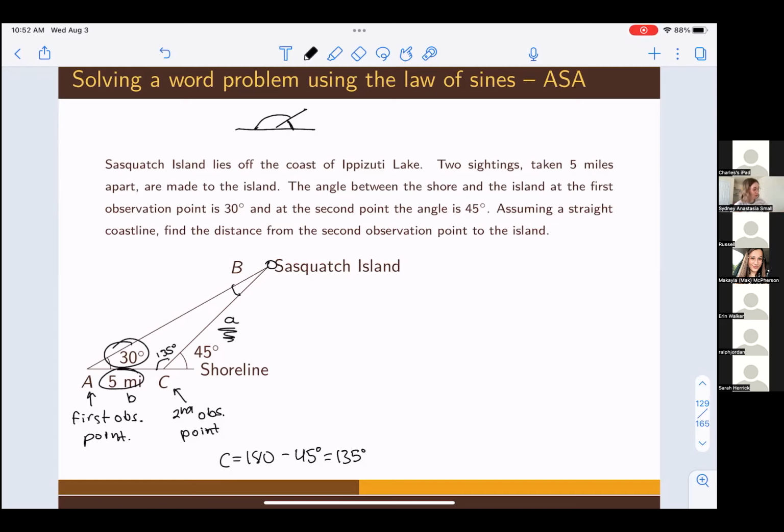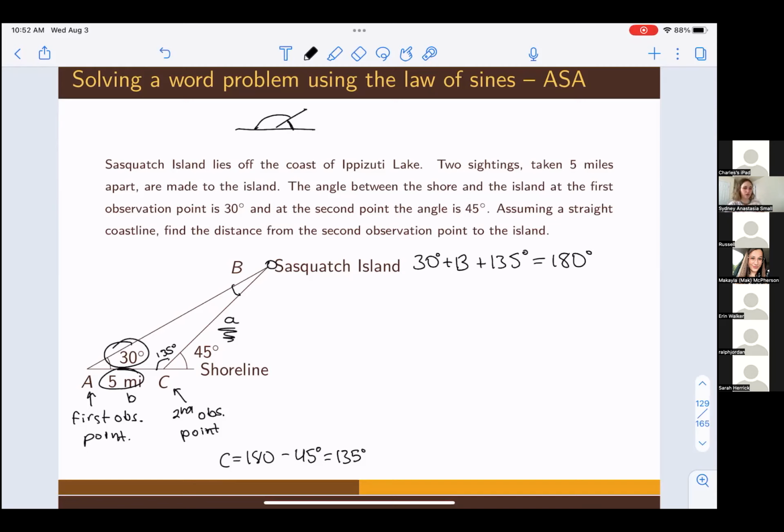I know two of the angles. I know that A is 30 degrees and C is 135 degrees. So I can solve for angle B, and then maybe I can use the law of sines. So doing that, I know that angle A, which is 30 degrees, plus B, plus angle C, which is 135 degrees, is equal to 180 degrees because the angle sums of all triangles must sum to 180.